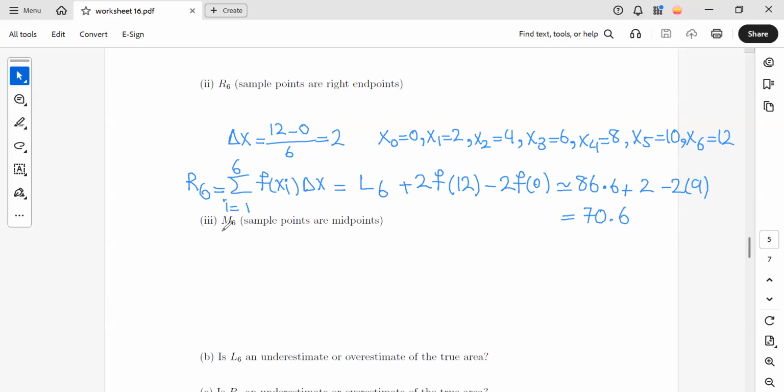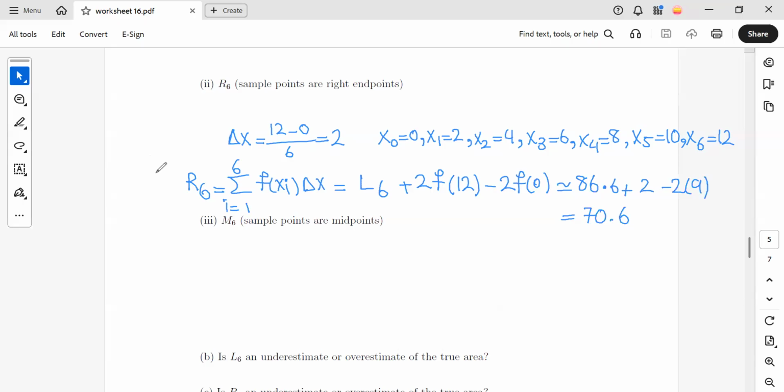We expect that R sub 6 will be overestimating and L sub 6 will be underestimating, because L is related to left endpoints, usually underestimating. R is related to right endpoints, usually overestimating.